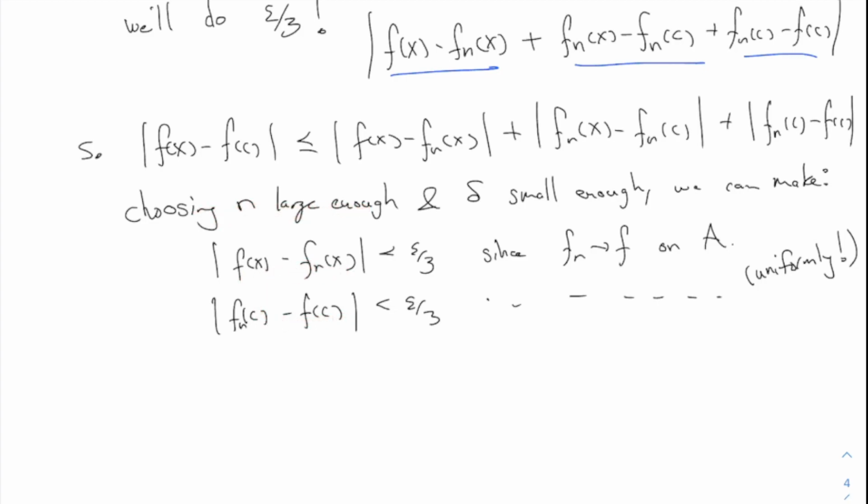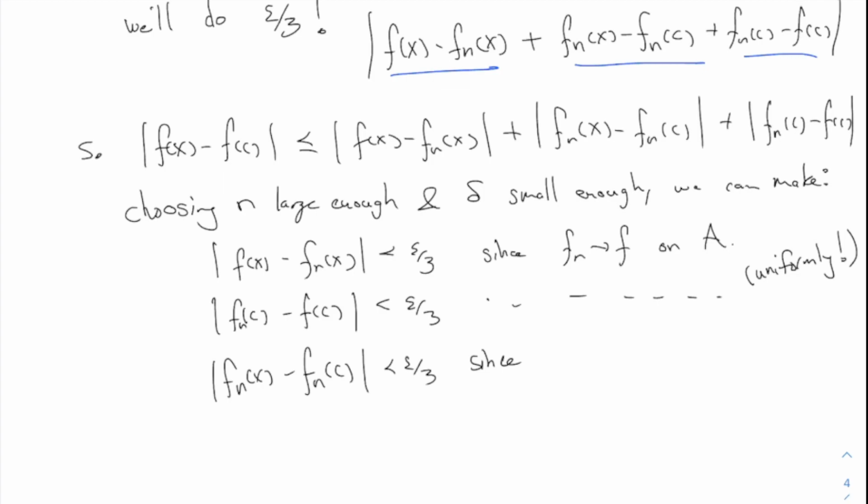All right? And then what about the one in the middle? Why is this one less than epsilon over 3? fn of x minus fn of c is less than epsilon over 3 because fn is continuous, which means that when you plug into this function, if x is approaching c, then this thing minus that other thing can be less than whatever you like.